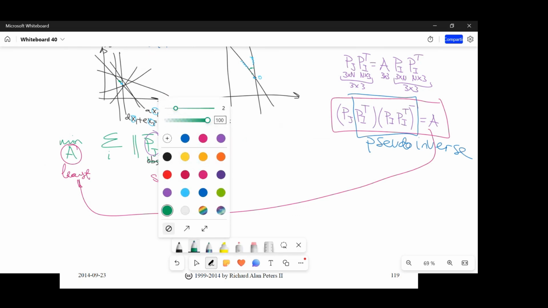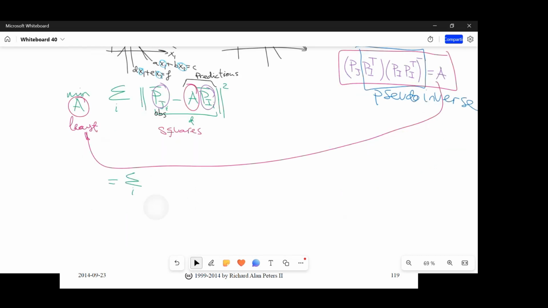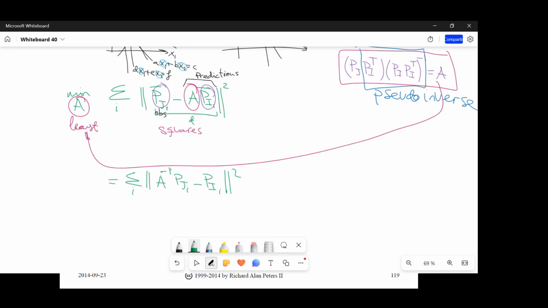So this is equivalent to minimizing, instead of transforming I to look like J, I can transform J to look like I. This is the one that is in the slides. So it is the same problem.